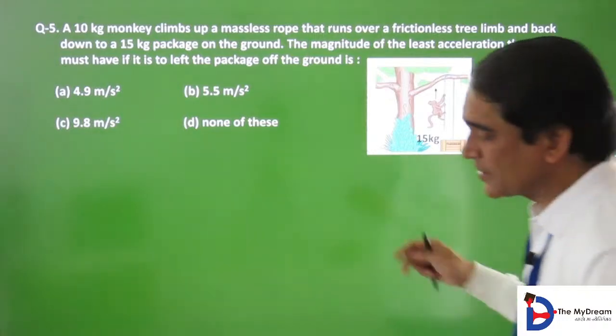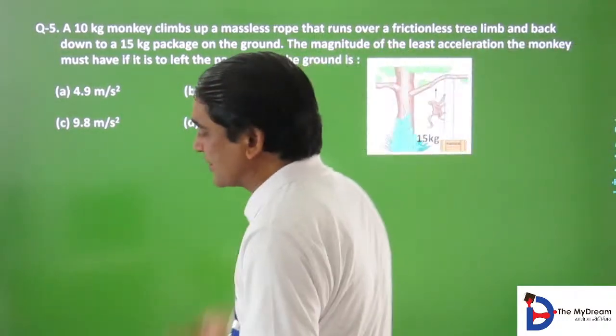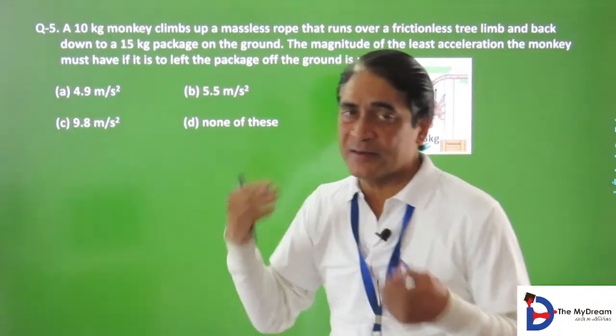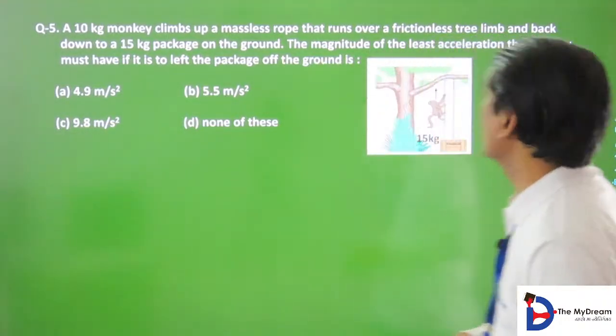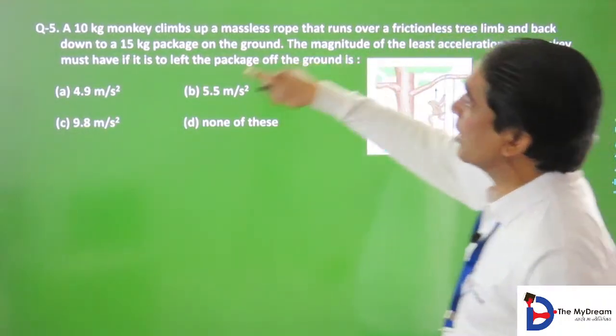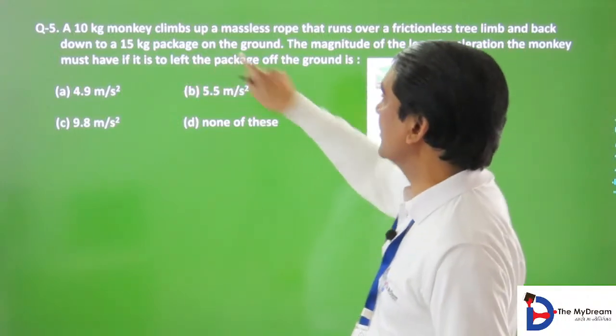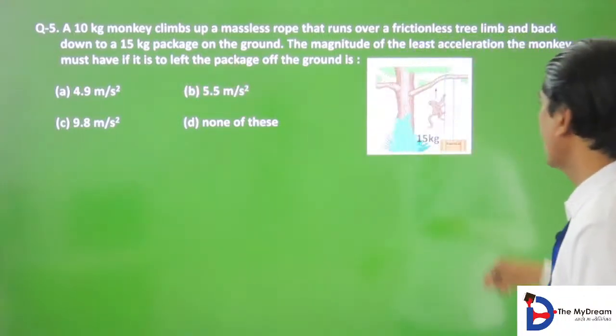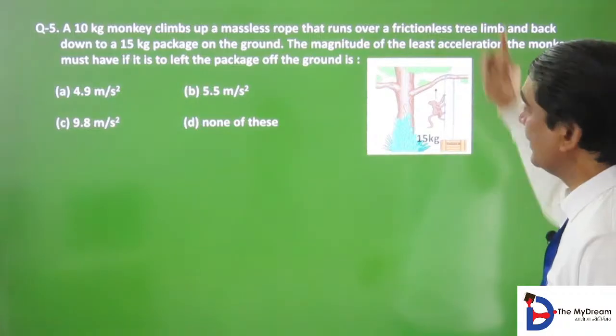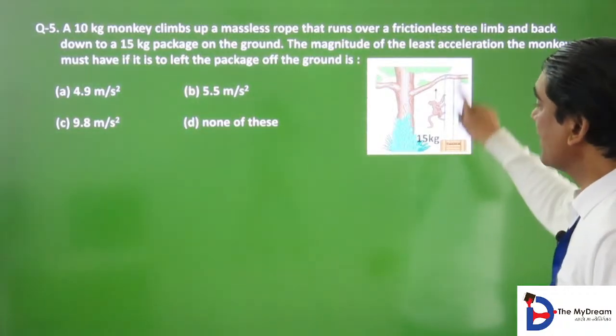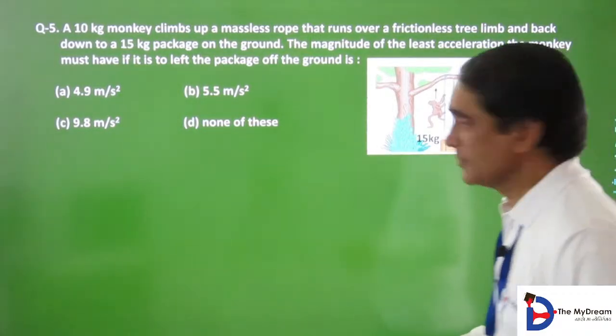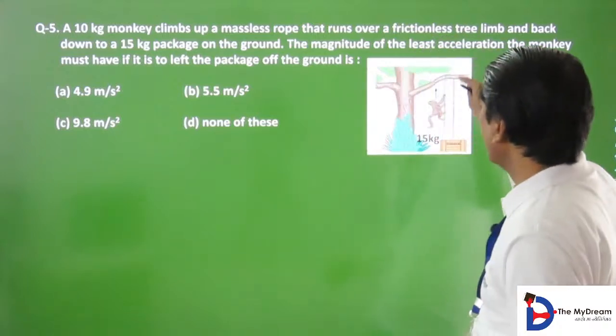We are not considering any kind of resistance or resistive force. And back down to a 15 kg package on the ground. The monkey is going up; the mass of the monkey is 10 kg. And this one is going down.